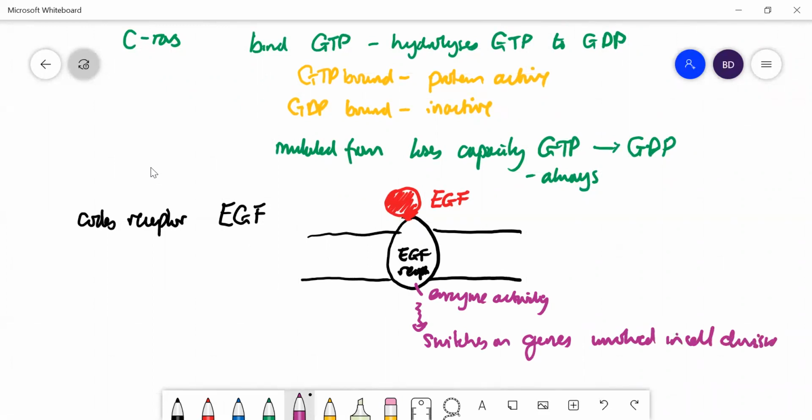There's a mutated version of the EGF receptor gene. The mutated version is on all the time. Like the ras protein, it's always on. So it doesn't matter whether you've got EGF bound or not, it just keeps switching on. So that means it's going to switch on all these genes involved in cell division all the time, inappropriate, out of control cell division, leading to tumors forming.